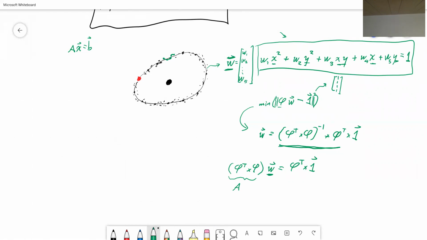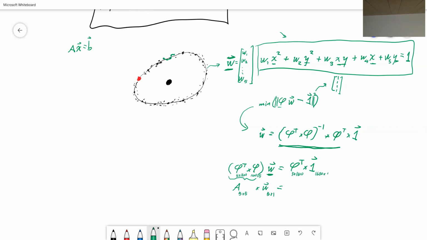If I recall correctly, it's 1600 by 1600, but I would have to double check that. Actually, I'm wrong. V is 1600 by 5, so its transpose is 5 by 1600. So this will be a matrix A that's 5 by 5, times our W that is 5 by 1, equals a 5 by 1600 matrix times a vector of ones that is 1600 by 1.